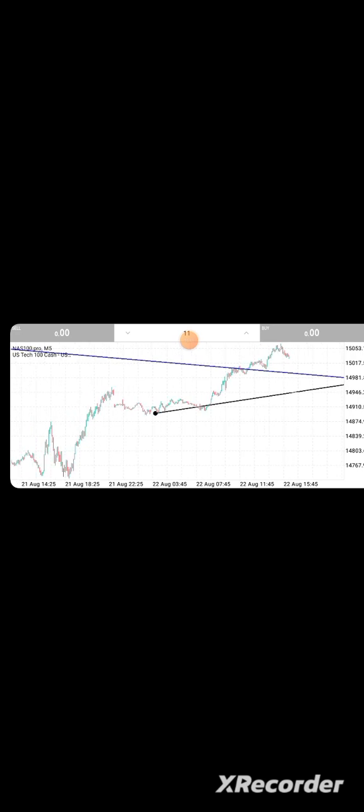So what we need to see for now, we should look for the patterns formed in the lower time frame. In the lower time frames you should also be aware of the patterns formed, so that you will be able to see the next movement of the market.